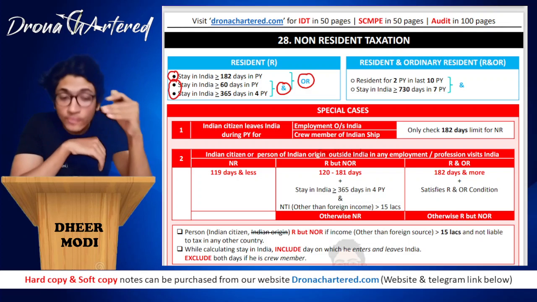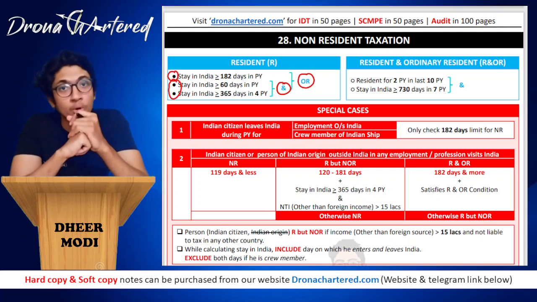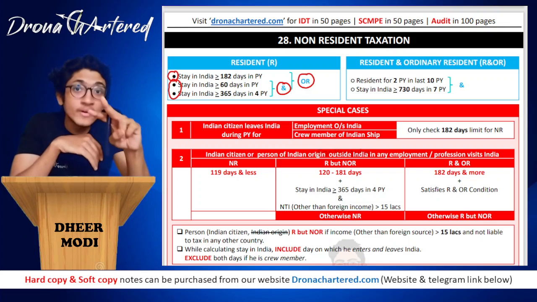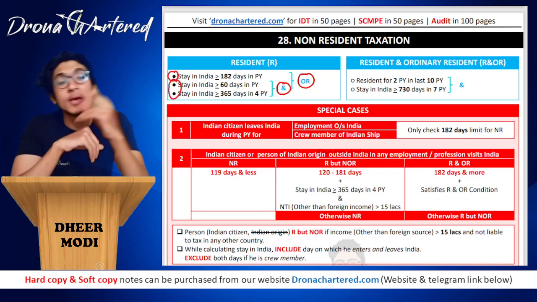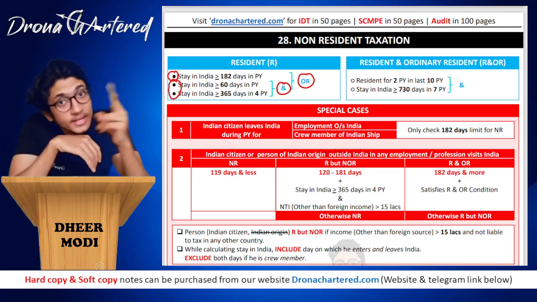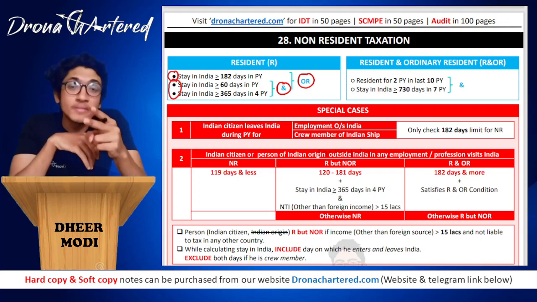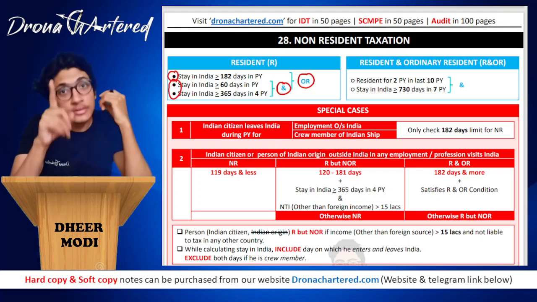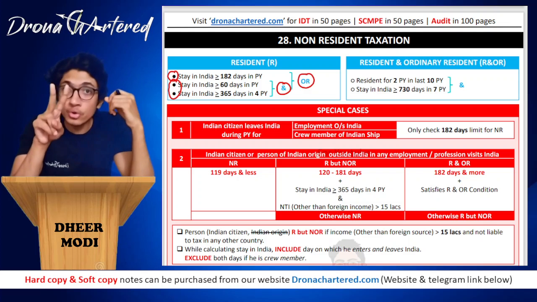Either in the previous year you stayed for 182 days or more, and you will become a resident. If you don't satisfy this condition, then you have to satisfy two conditions, both of them. Condition number two is stay in India in the previous year should be at least 60 days.